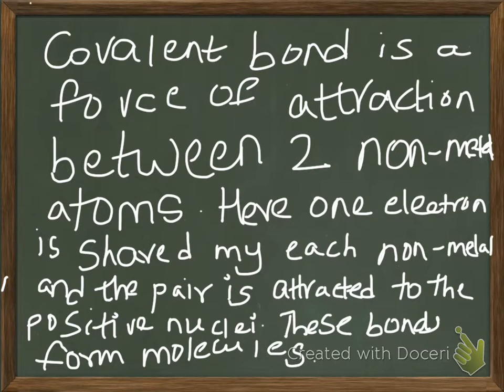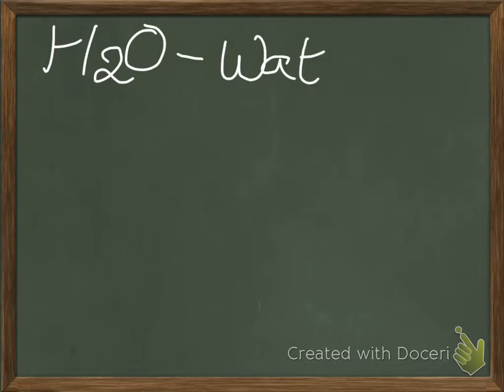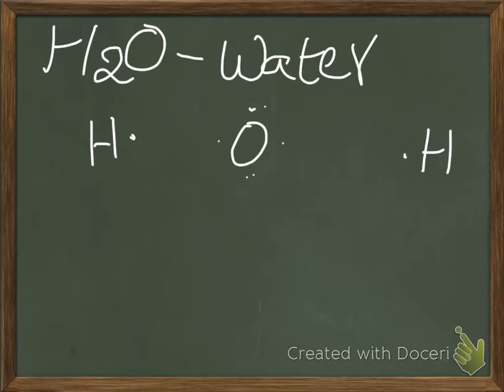As I explained about the covalent bond in the previous example, there is a molecule, water. Water has covalent bonds. Hydrogen has 1 valence electron, oxygen has 6, and another hydrogen has 1.